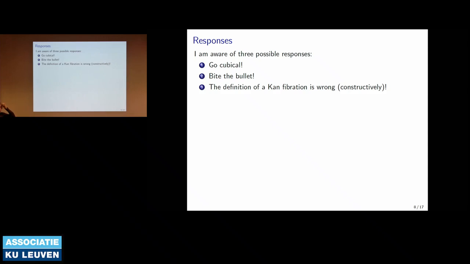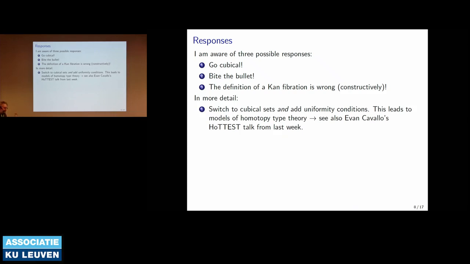And the third possible response is to say that maybe there's something wrong with the definition of a Kan fibration from a constructive point of view. Maybe it had better be modified in some way. So I will mostly focus on this third possibility.